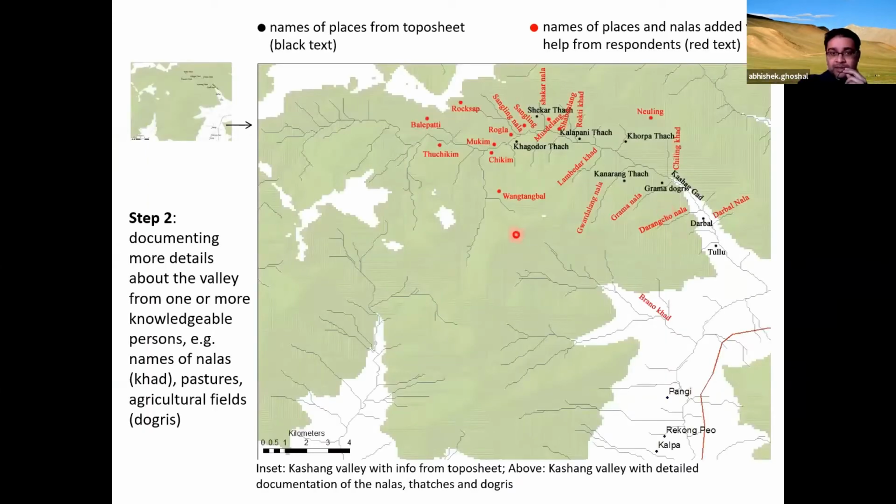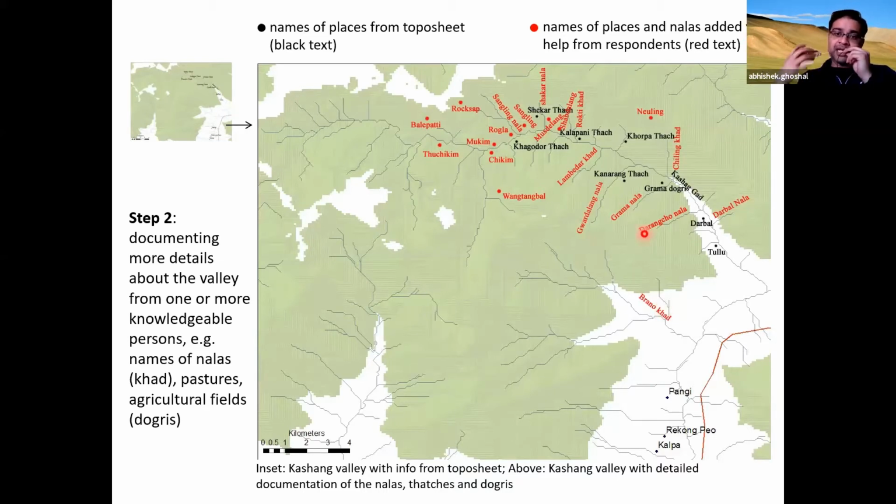So we basically had, for example, the stuff in black font we had initially before we went in there. But then, based on our discussion with the local people, we could identify some of the more unknown or poorly known terminologies or local names of the valleys and pastures inside that larger area.